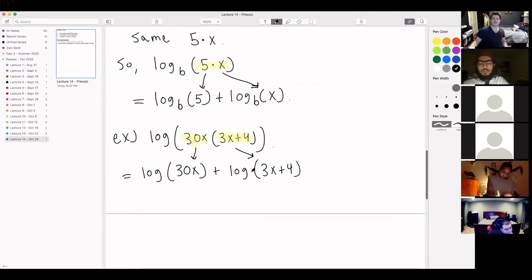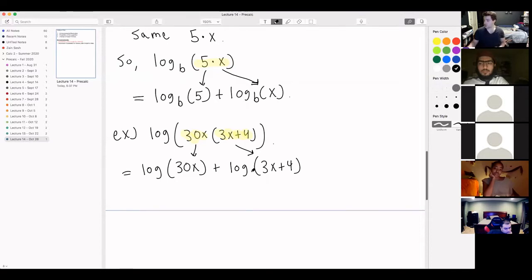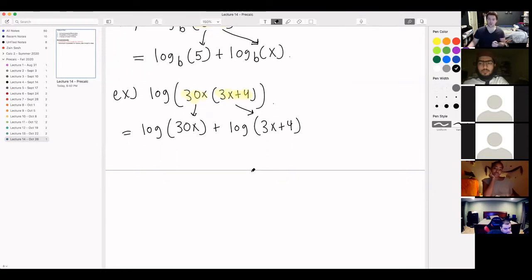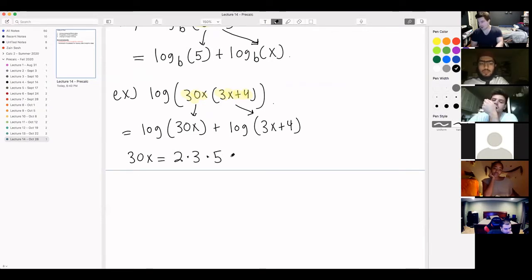Remember, this splits up as addition. That's really the key thing here. It splits up as addition, not as multiplication. All right, good. Now we can go a little further. This is really just for educational purposes. Just realize that 30x can be rewritten as 2 times 3 times 5 times x.